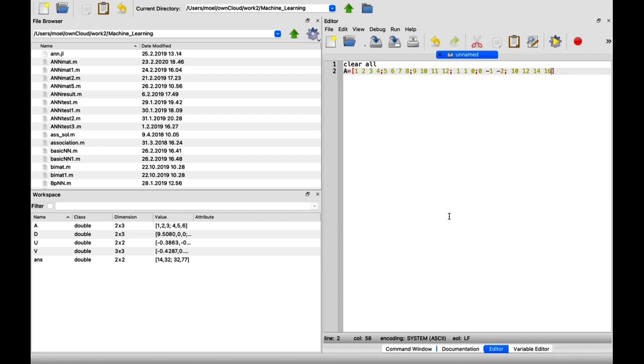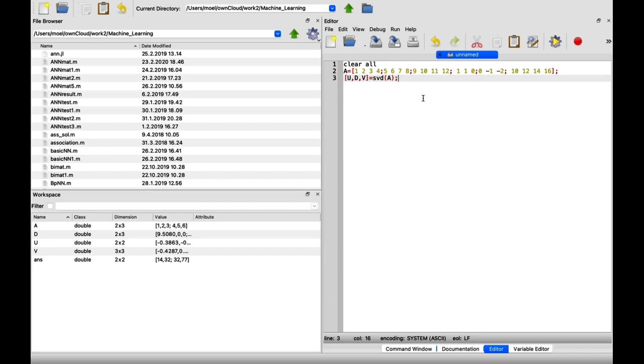So all these matrices together. Now we can calculate the singular value decomposition. You can, of course, put any names that you want, U, D, and V equal to singular value decomposition SVD of A.